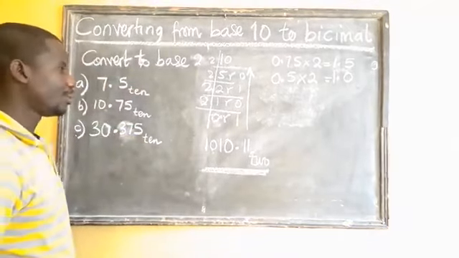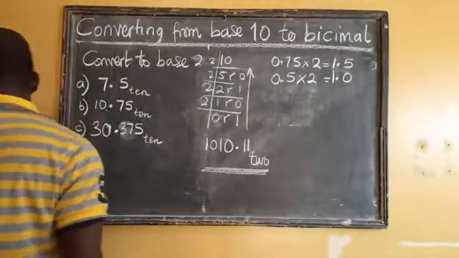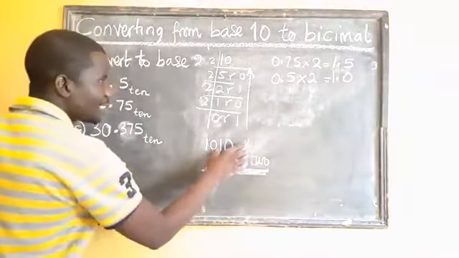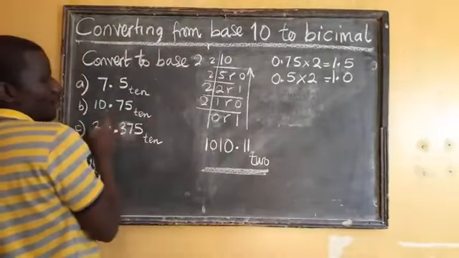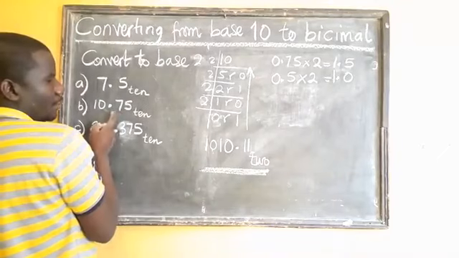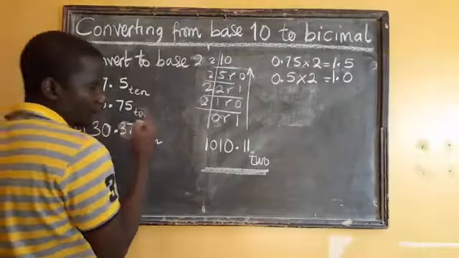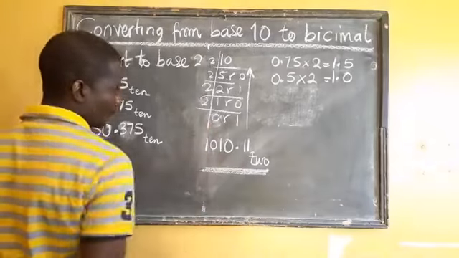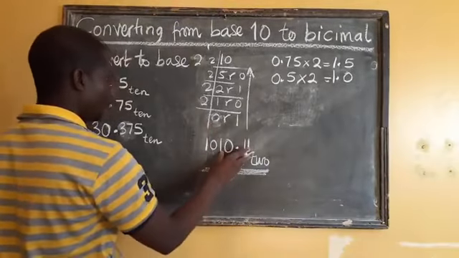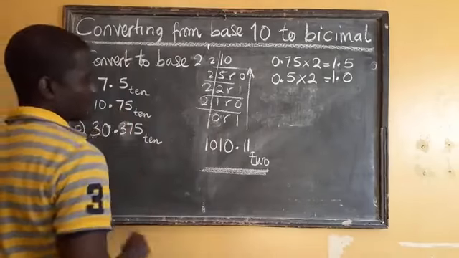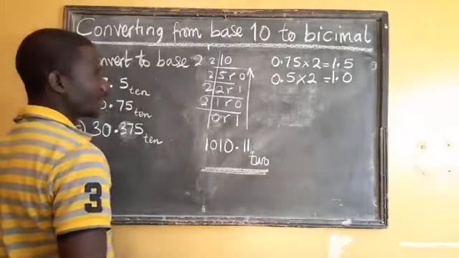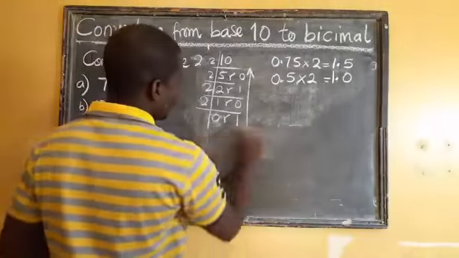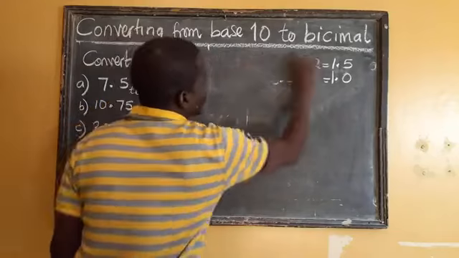If we convert this number to a decimal number, we should be able to get this one. And you're going to see in the next lesson, that's what we shall be doing, to convert this one back to this one. Alright? So let us look at the last one.